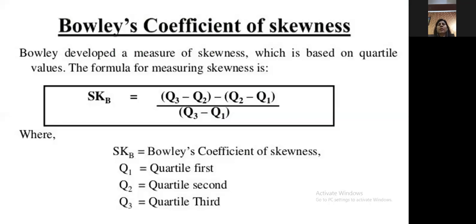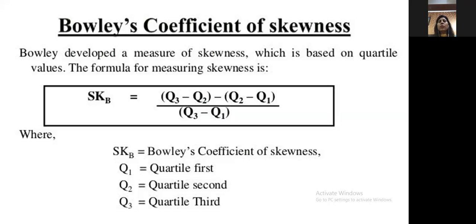Let's understand the next one, that is Bowley's coefficient of skewness. Bowley developed a measure of skewness which is actually based on quartiles. In Pearson's coefficient of skewness, we used mean, median and mode for finding out the skewness in the data, the tiltedness of the data, and to what extent the data is distorted.